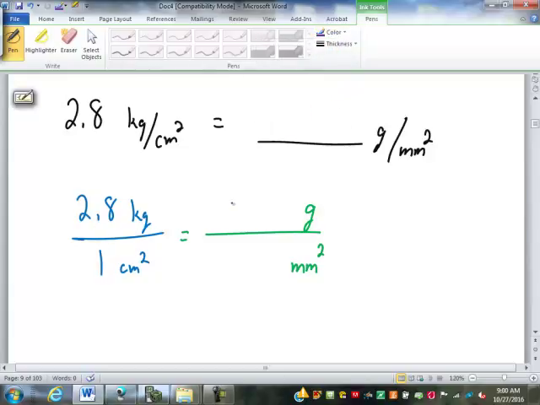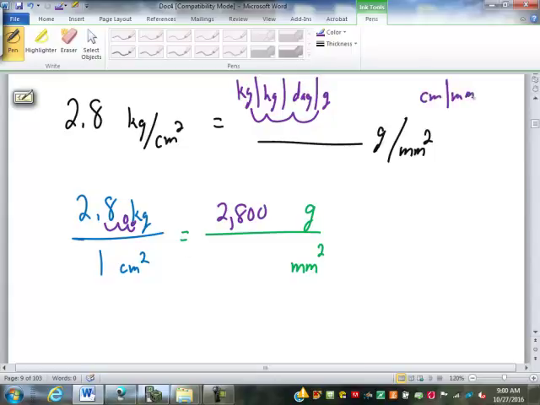2.8 kilograms is how many grams? If I move my decimal point, kilograms to grams is 3 spots to the right. So move my decimal point 3 spots to the right, we'll make that 2,800 grams. 1 centimeter squared is how many millimeters squared?